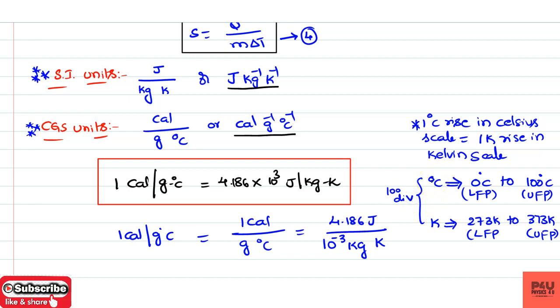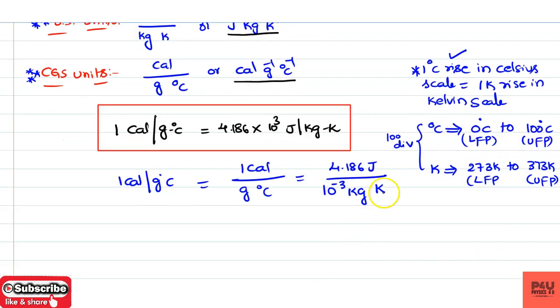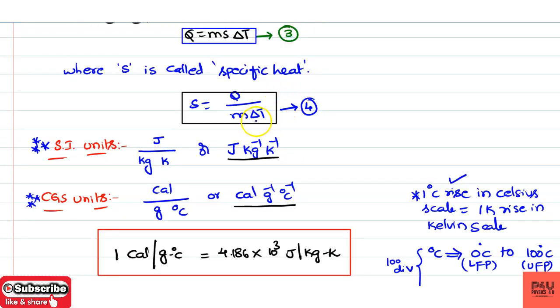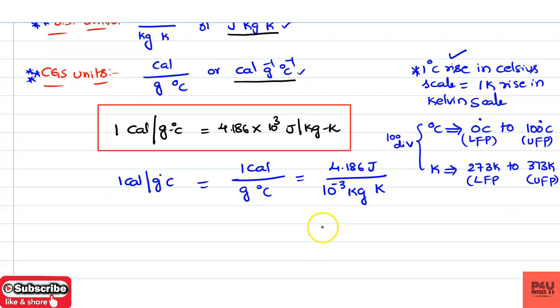So each degree rise in Celsius is equal to 1 Kelvin rise in Kelvin scale. That's why in this formula, for change in temperature, we are considering Kelvin inverse and degree centigrade inverse. Now 1 gram is equal to 10 power minus 3 kg.